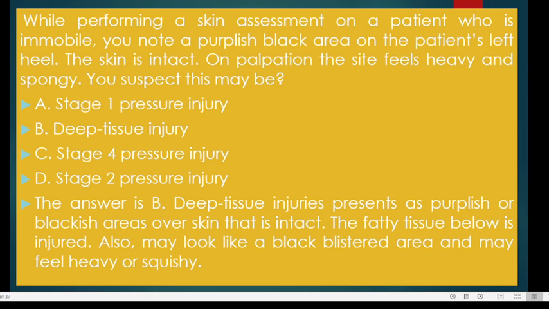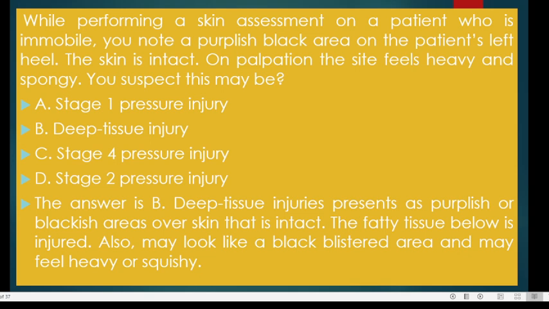While performing an assessment on a patient who is immobile, you note a purplish black area on the patient's left heel. The skin is intact. On palpation, the site feels heavy and spongy. You suspect these may be deep tissue injuries.